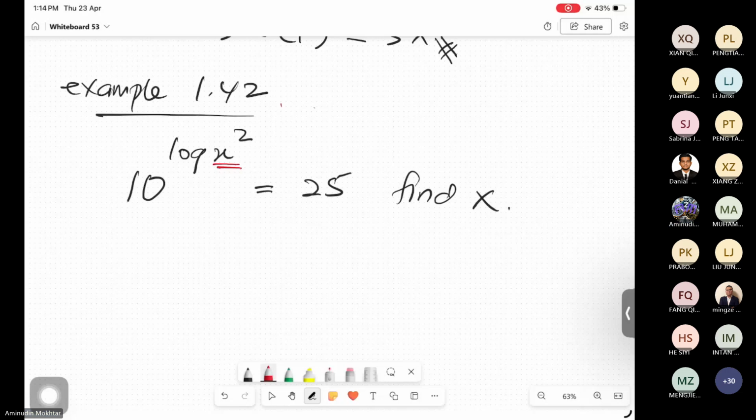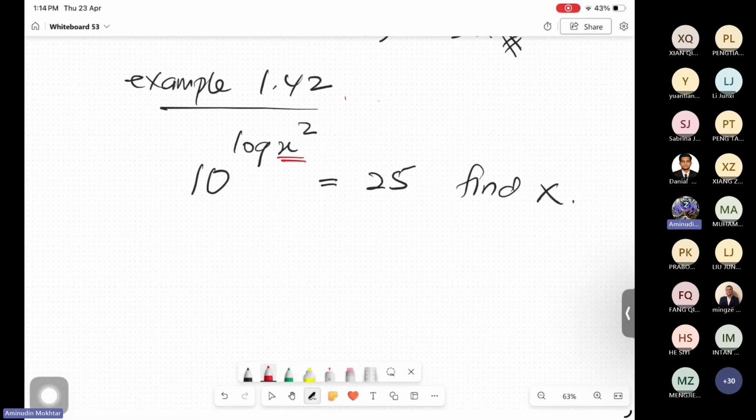Okay, in order to find the answer, there are a few ways to solve this equation. I will show you by using the concept of log. To find x, we need to bring the power of the equation down and make it a multiplier.